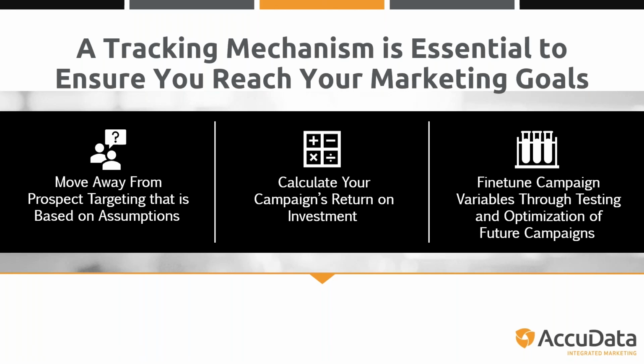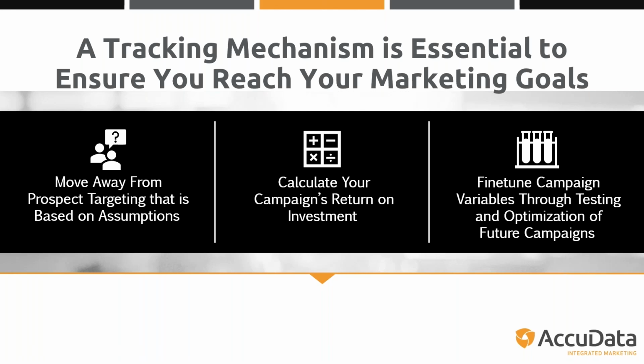So for example, you may be testing your creative. You may have two different postcards, and one postcard goes to a sample audience of 10,000 people, and another postcard goes to a sample audience of a different 10,000 people. And then you wait to see which version of the postcard performs best.